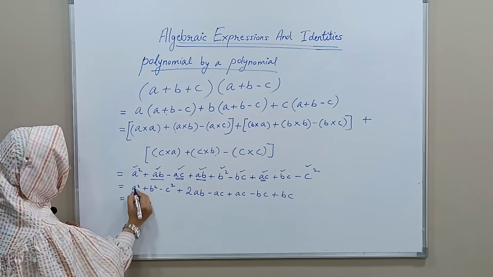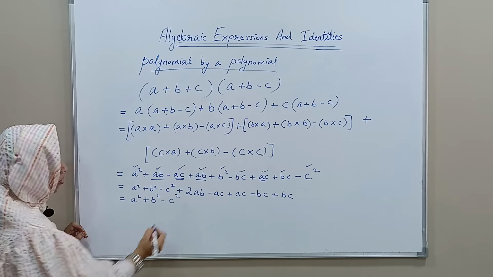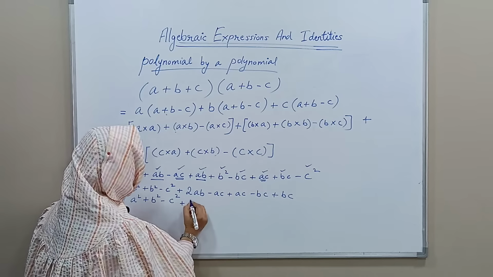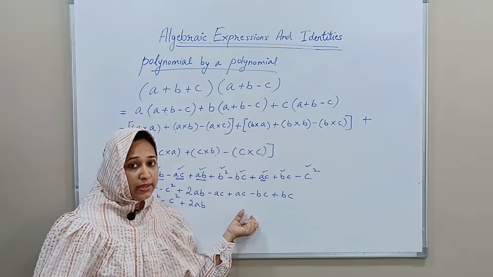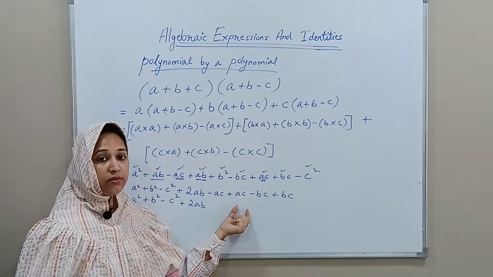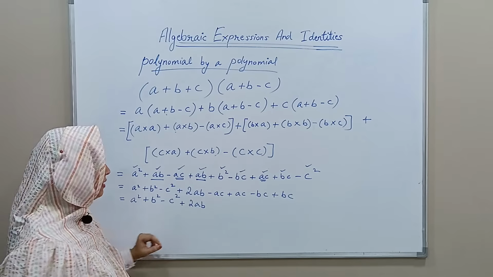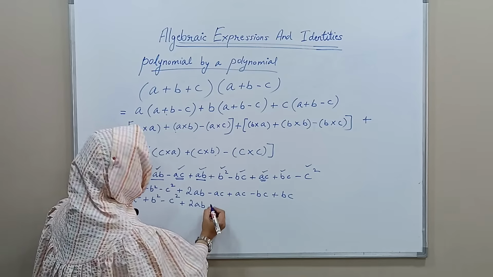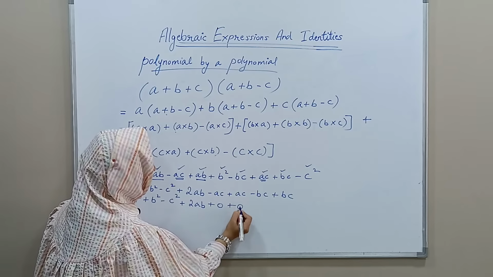Now in the next step, let us see a square as it is, plus b square minus c square plus twice ab. Now minus ac plus ac, these are the terms with different signs, so they will get cancelled and it becomes 0. So this is plus 0 and minus bc plus bc is another 0, right?